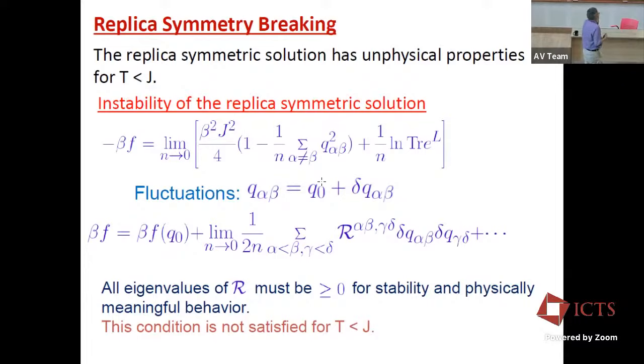One can certainly do that, but I have not seen that being done. One thing you would find is some eigenvalue which will have some dependence on n. Whether that dependence, when you extrapolate to n going to 0, agrees with what these people got using the n going to 0 limit, I don't know.